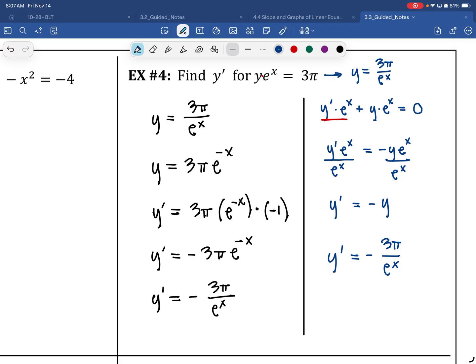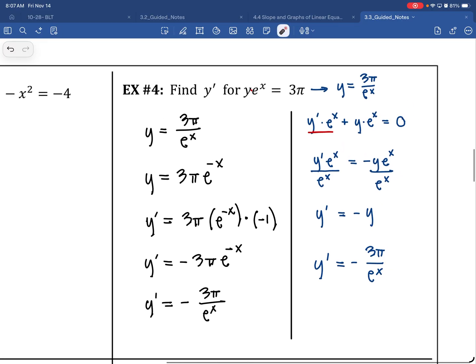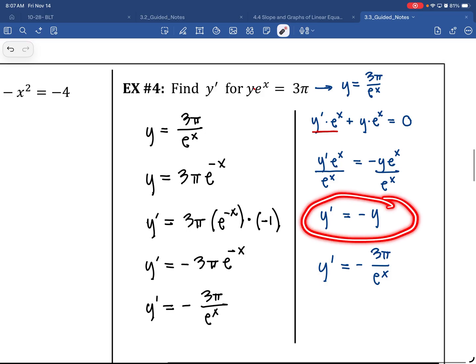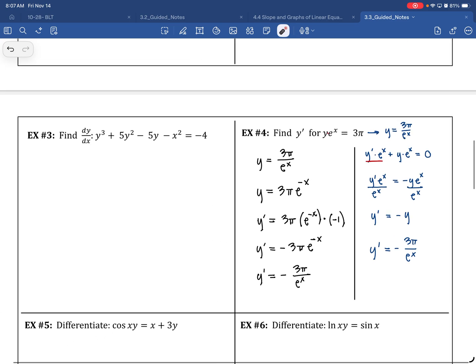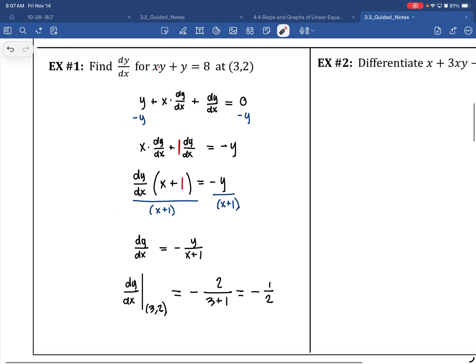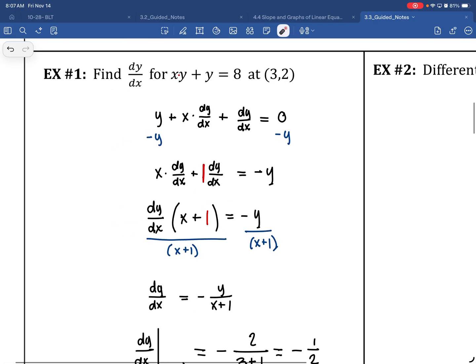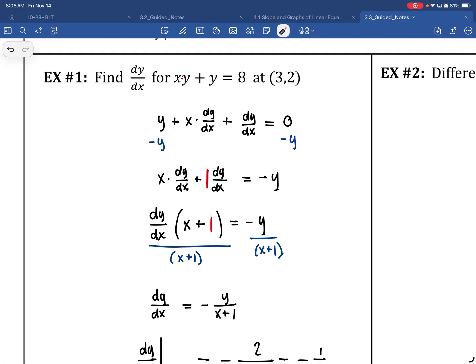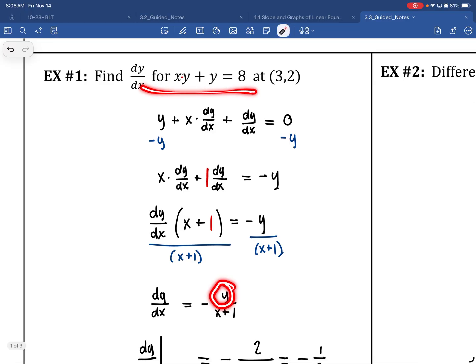Which one's easier? Honestly, the one on the right is probably a little bit easier, but there's something you're going to have to get comfortable with, and that's this idea that even when I solve for y prime, I may need to get extra y variables out of there. Could I have done that here on this problem? Could I have replaced this y with something from this equation?